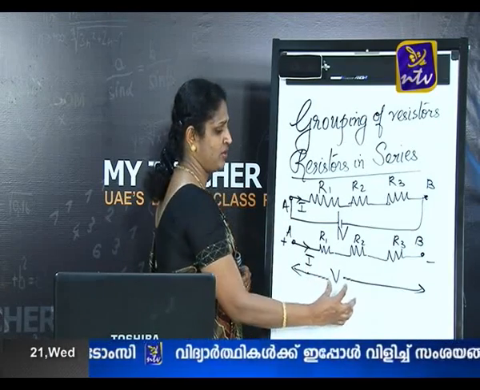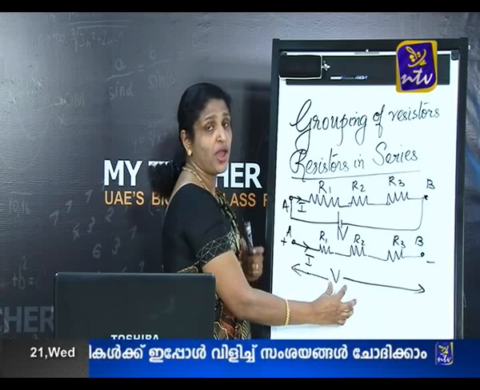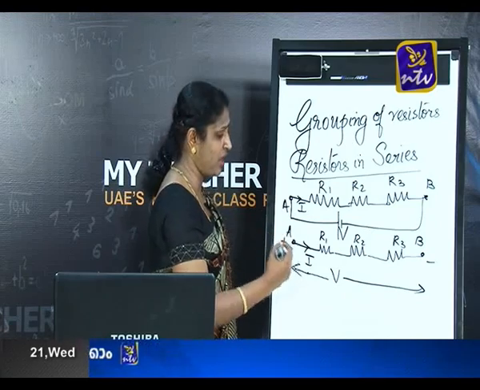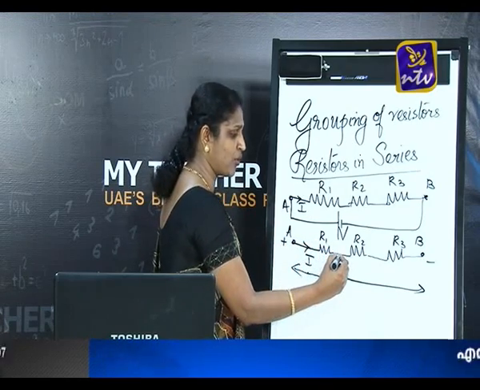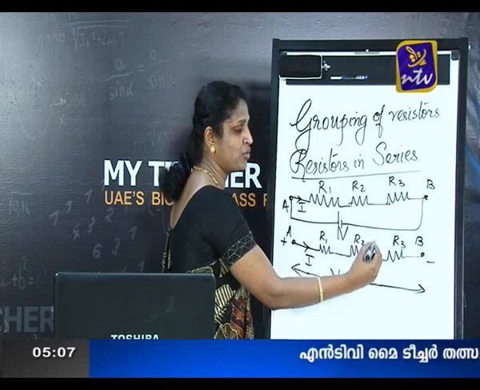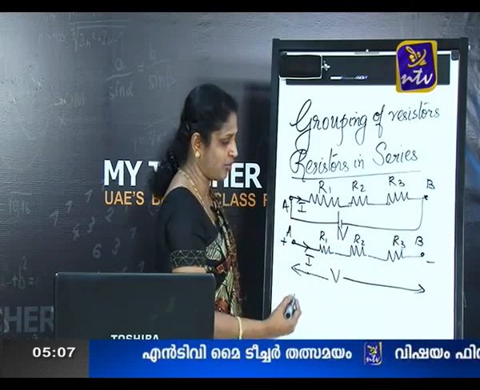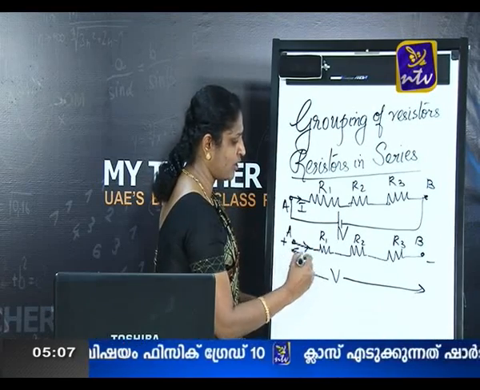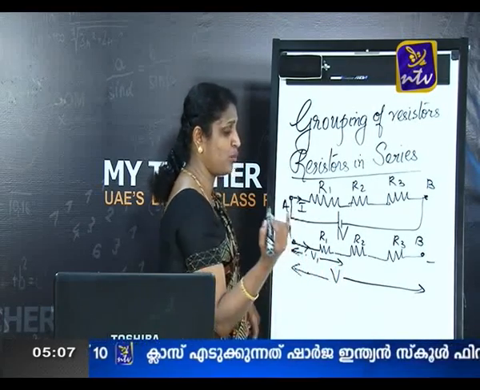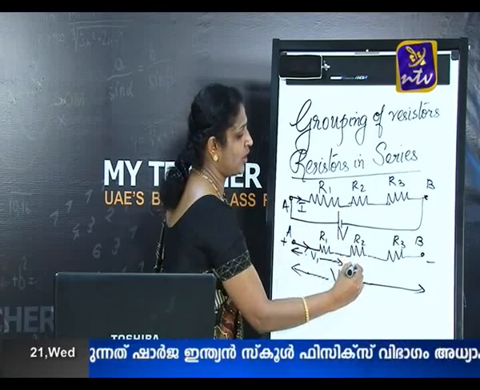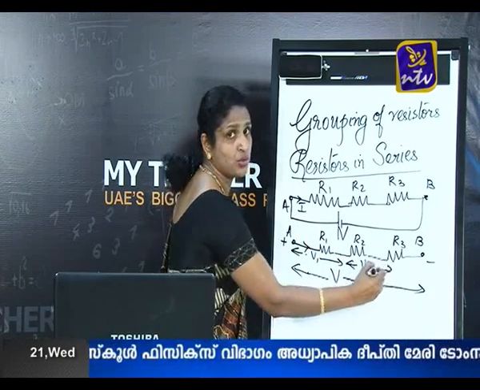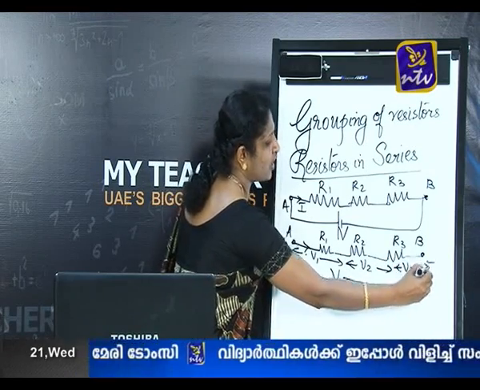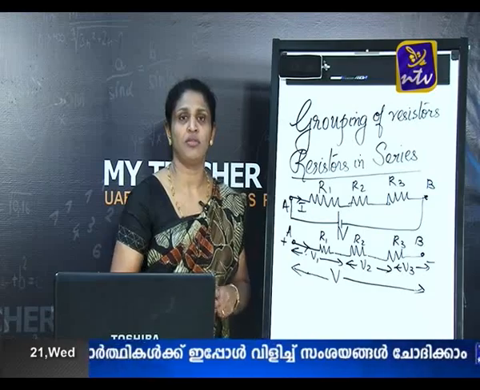We have given a potential difference V across the ends A and B. The battery drives the charge across R1, R2 and R3. The work done across R1, let me name it V1; across R2, V2; and across R3, V3.